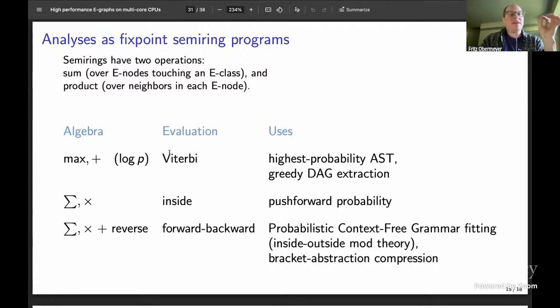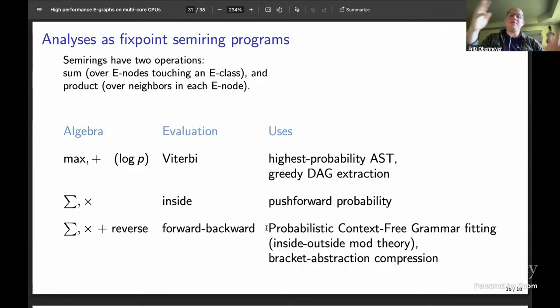And it's a nice paradigm, and I think it's a little more general than just these semi-lattices or semi-groups. One of the nice things is that semi-ring programming comes with forward backward operations. So I mentioned earlier I can fit basis weights, like these null and binary function weights, to data like programs of interest.